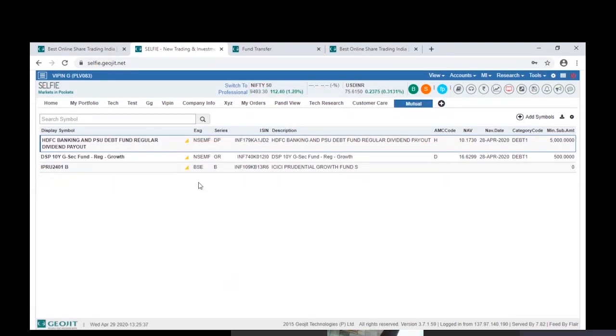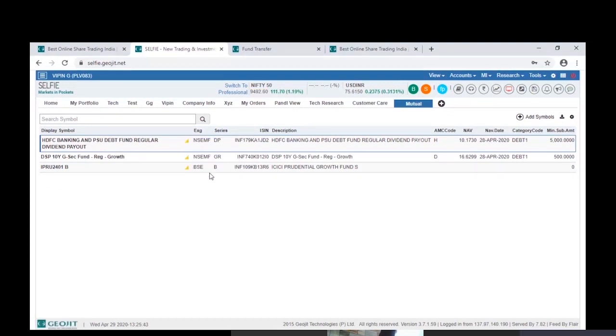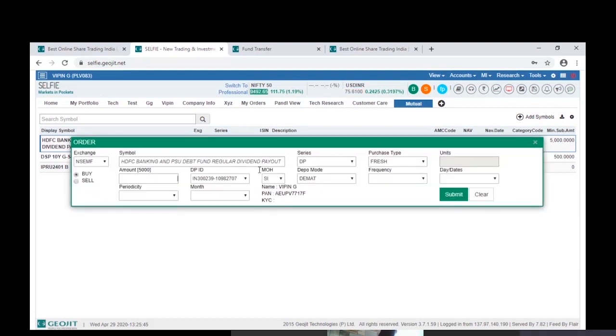Automatically your buy order window will get filled with the details, and here you can mention whether the purchase type is a fresh purchase, an SIP purchase, or an additional purchase.